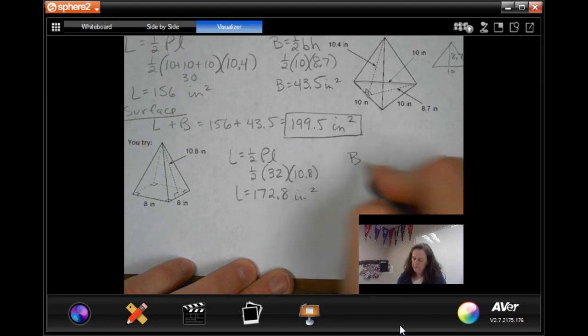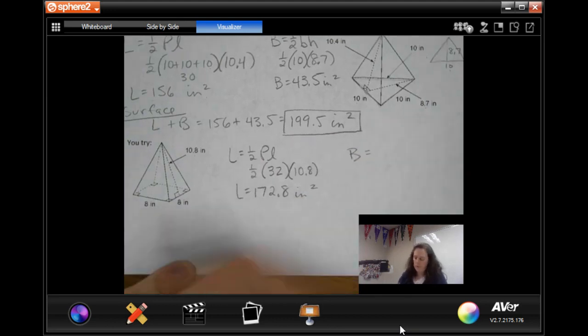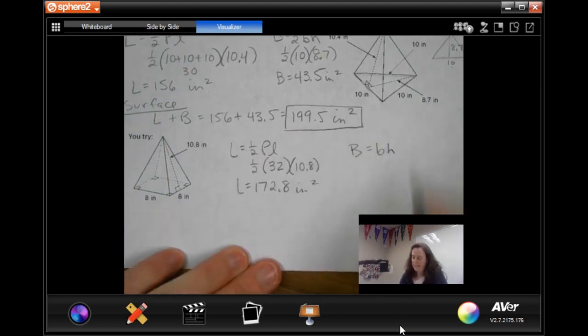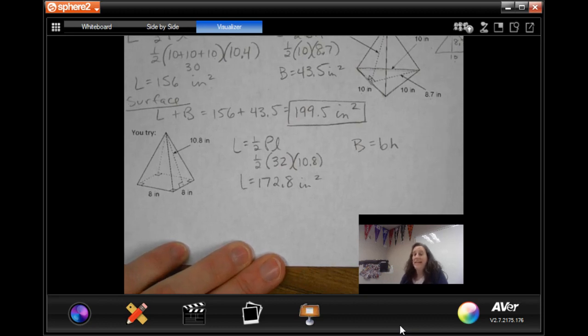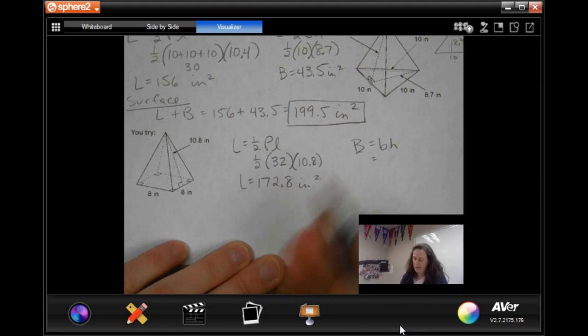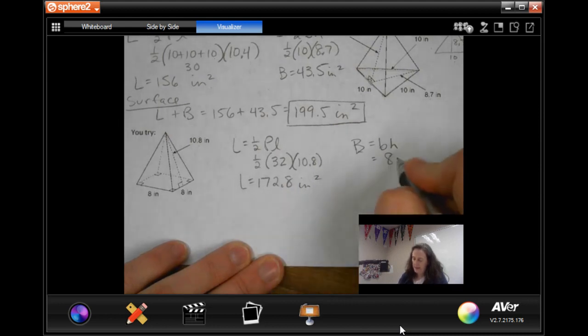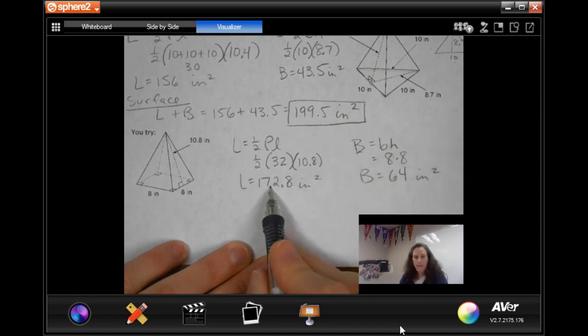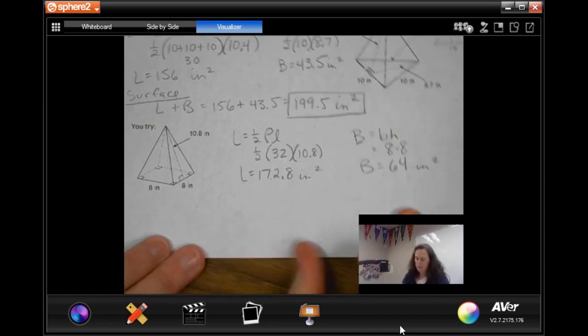The base is a square, so you could say length times width, or you might say side times side, side squared, something like that for a square is 8 times 8 or 64 inches squared. Lateral, base, let's put them together.